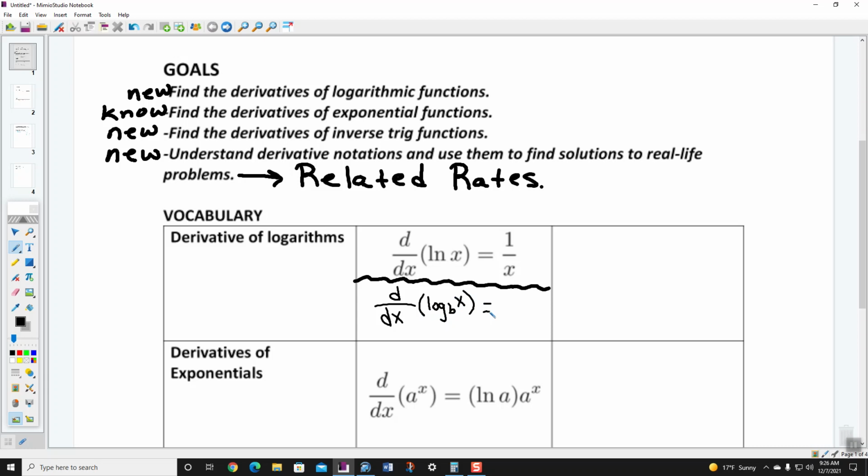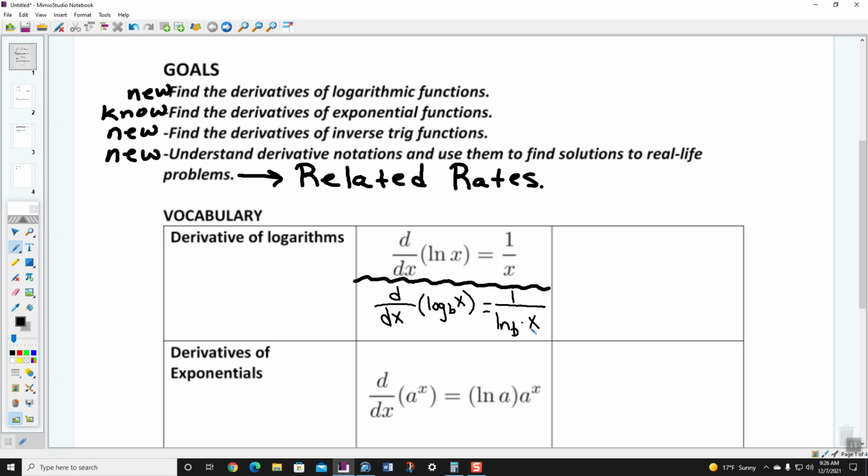This becomes 1 over the natural log of b times x. This will be the natural log of b times x. Now guys, this rule will be the same exact thing, but this will be the natural log. What base are we talking about here?